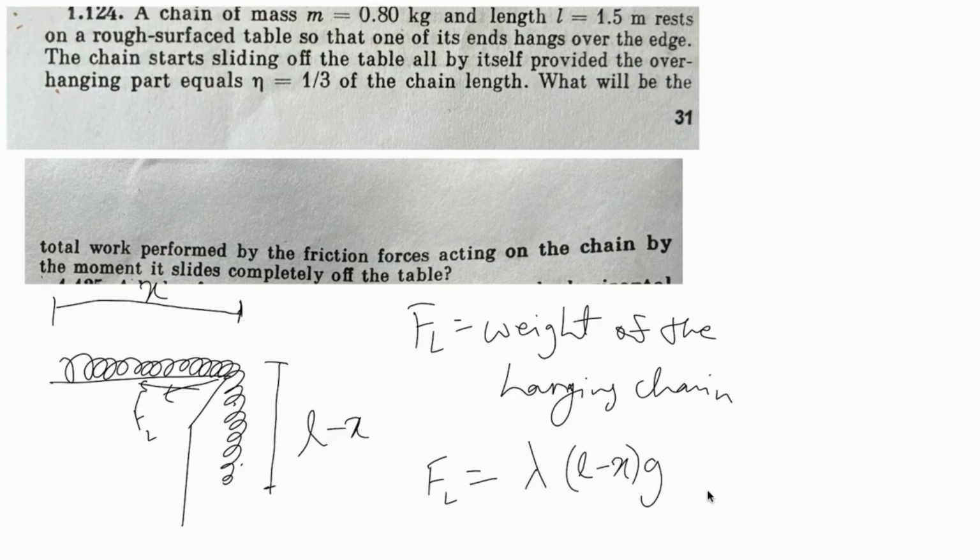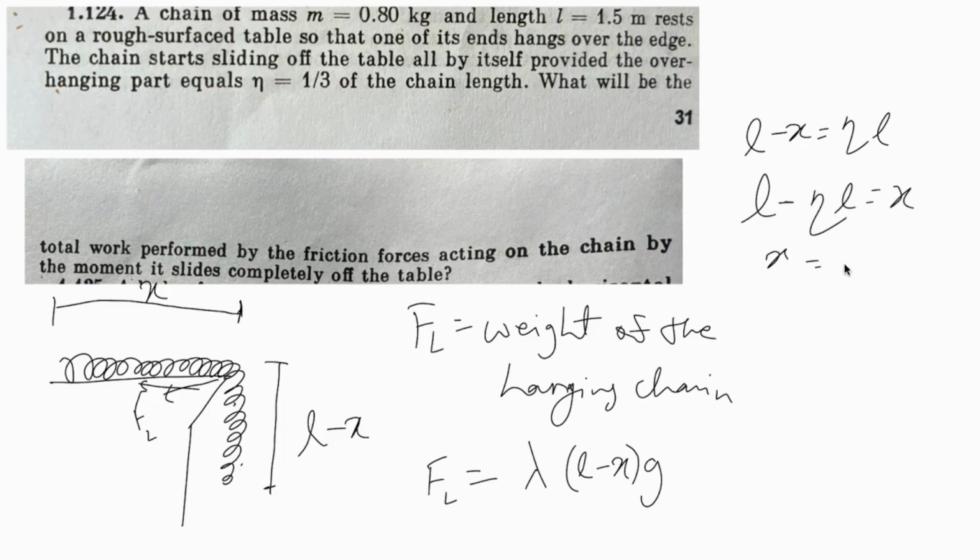x into g, and it is given in the question that the overhanging part equals eta, whose value is 1 by 3 of the chain length, which means that I can say that L minus x is equal to eta times L. And from here I can also take another relation, L minus eta L equals x.